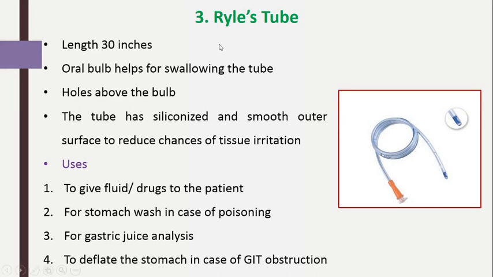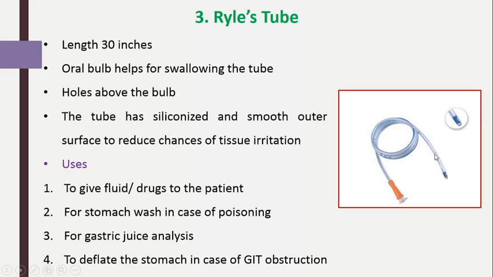So let's move to another one. Here we will see the Ryle's tube. The length of this Ryle's tube is about 30 inches. At one end there is an oral bulb, which helps to swallow this particular Ryle's tube.